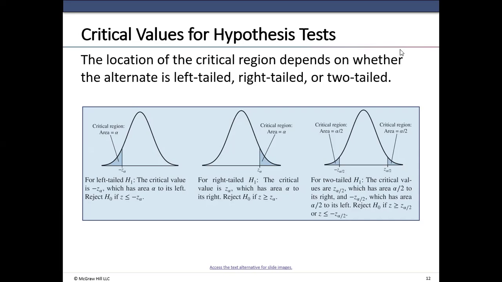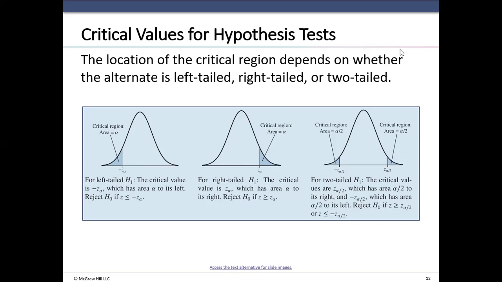For a right tail test, that means the alternate is mu greater than a fixed value, mu 0, the hypothesized value in the null hypothesis. We calculate the test statistic. If the test statistic is greater than the critical value, then we reject H0. And for a two-tail test, for the critical values, we take the level of significance and divide it into two equal parts, area in each tail is alpha by 2.